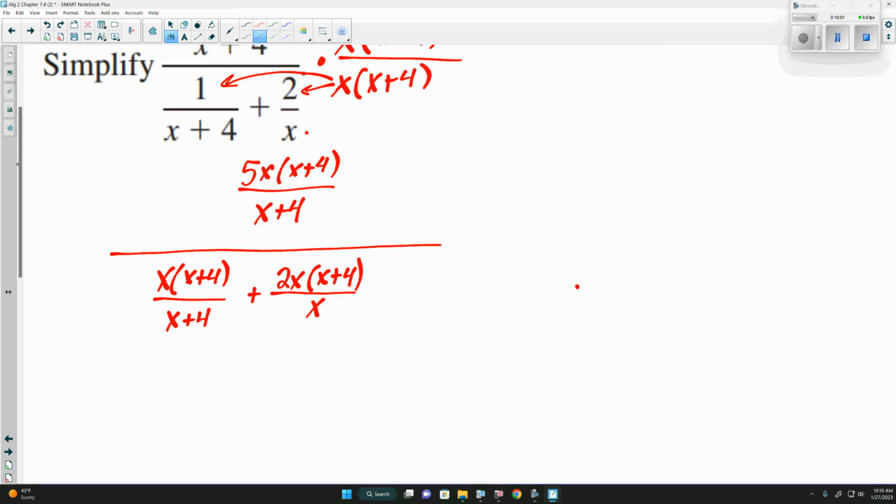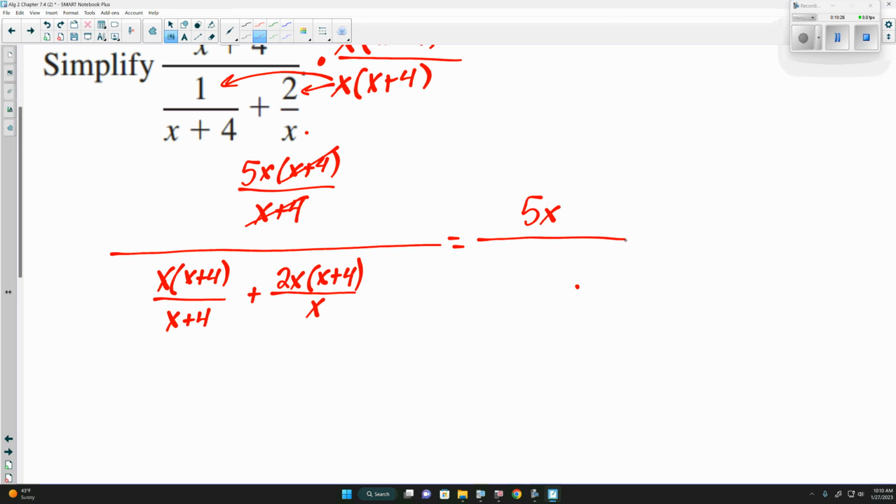So this makes sense of what we just did. We found the least common multiple, the least common denominator, the term we can multiply the top and bottom of this fraction by to get the individual fractions' denominators to simplify. As we look at the top one, x plus 4 and x plus 4 will cancel, leaving us with 5x on top, yes?